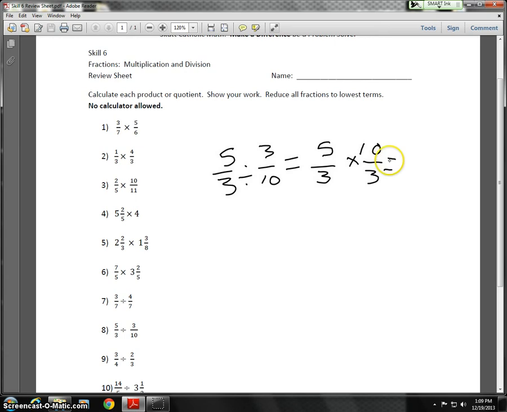We don't have anything in common between the numerators and the denominators this time, so we'll multiply across. 5 times 10 is going to give me 50. 3 times 3 is 9. Now to rewrite this in proper fraction form, 9 goes into 50 5 times with 5 left over. So 5 5/9 is your answer for number 8.